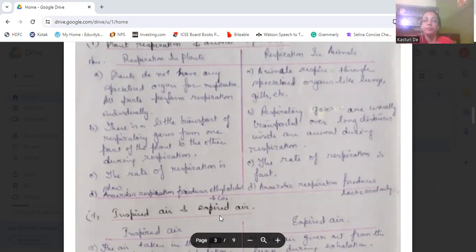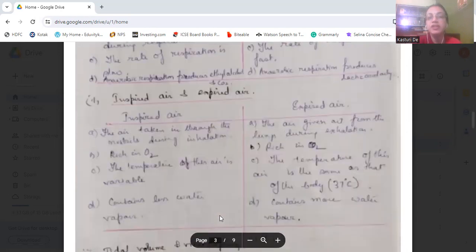The rate of respiration in plants is very slow, in animals it is very fast. Then anaerobic respiration produces ethyl alcohol and carbon dioxide in plants. In animals, it produces lactic acid.